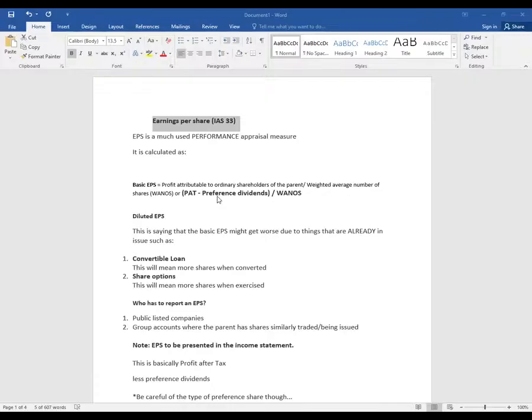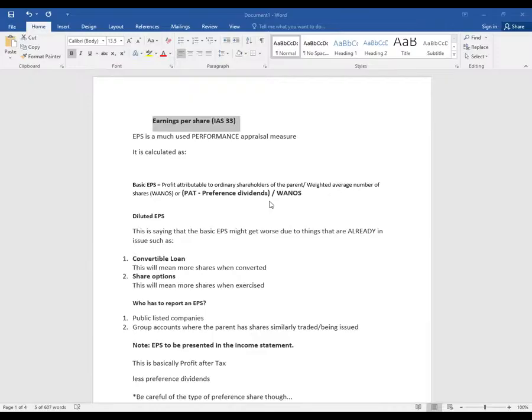Or simply put, it is PAT minus preference dividends all over 1/0. But of course, at your level, you must go a step further and calculate for us what we call diluted EPS.